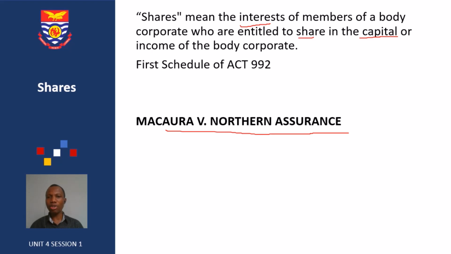They only have interest in the stated capital of the company. In this manner, the property of the company belongs to the company alone, and no shareholder has interest in those assets. They only have interest in the stated capital of the company.